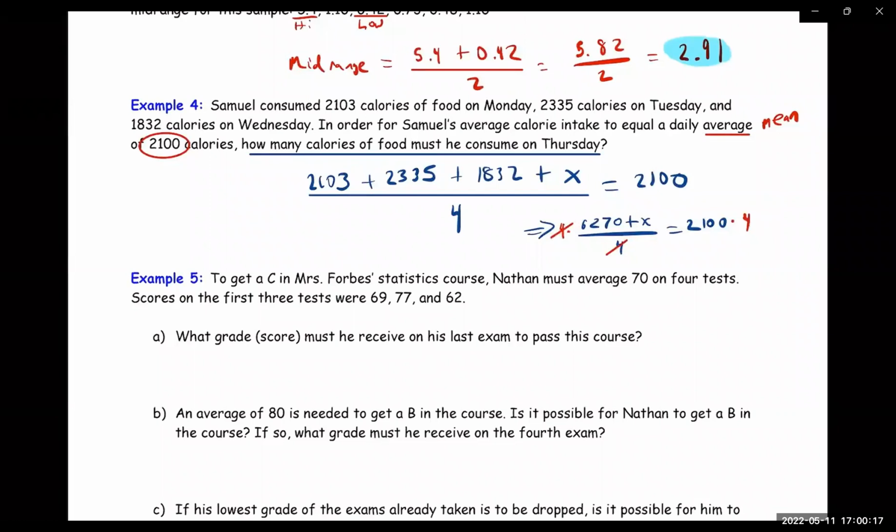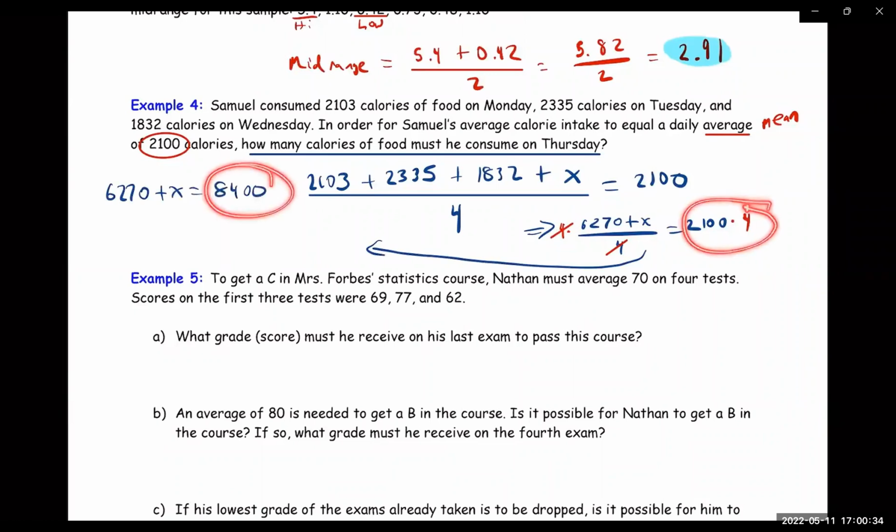And then we're going to be left with, I'm going to have to write it over here now, 6270 plus X equals 2,100 times 4, which is 8,400. So I just multiplied 2,100 times 4 and I got 8,400. And now to solve for X, it should be pretty simple.